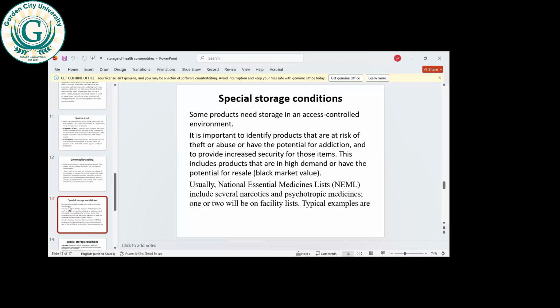So this includes products that are in high demand or have potential for resale. Some products are in high demand, for instance, tramadol. Tramadol used to be sold in the open market. I remember I had an accident going to Accra. I was driving. I had an accident around the Suhum Islamic Secondary School area.